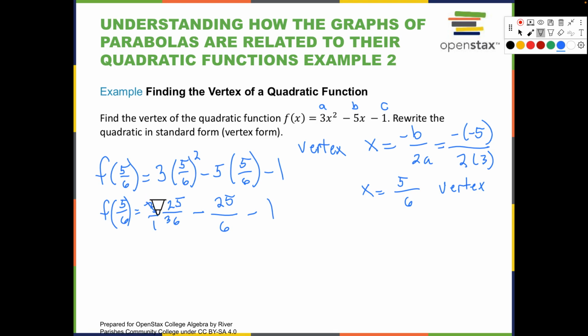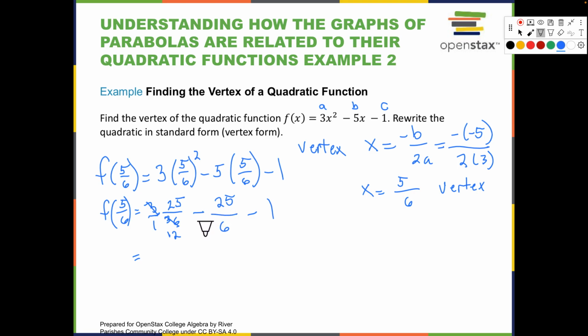3 goes into 36 12 times. So we end up with 25 divided by 12, minus 50 over 12. Oh yeah, you could get a common denominator.